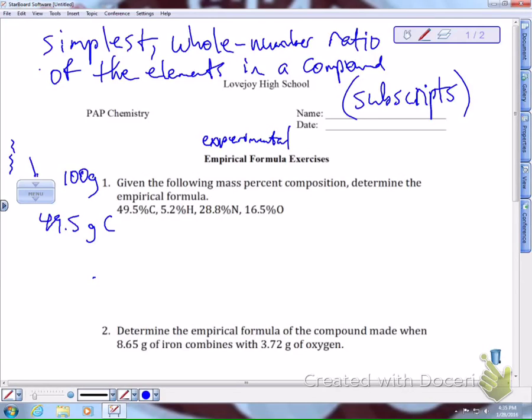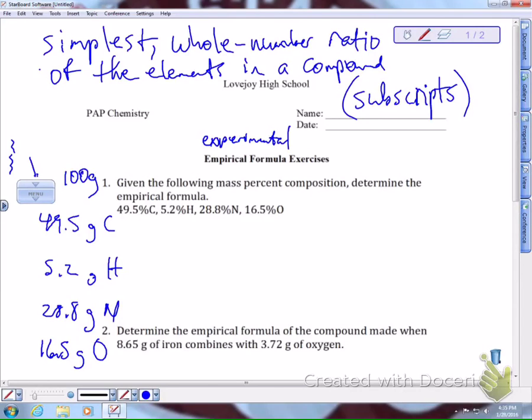And then I'm left with 5.2 grams of hydrogen, 28.8 grams of nitrogen, and then 16.5 grams of oxygen.